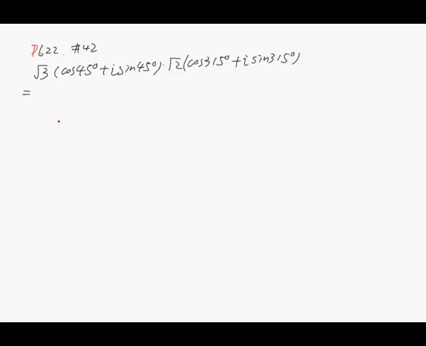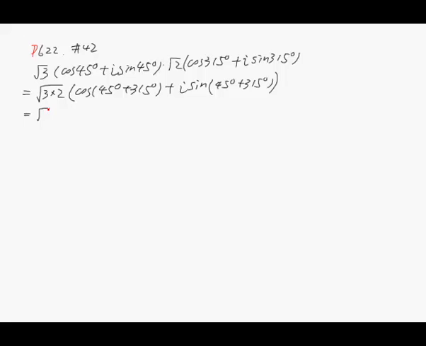By the formula, we just need to multiply the moduli and then add the arguments. So you multiply root of 3 and root of 2, and you have root of 3 times 2 by the product rule for radicals. Then you add the arguments: cosine of 45 degrees plus 315 degrees, plus i times sine of 45 degrees plus 315 degrees.